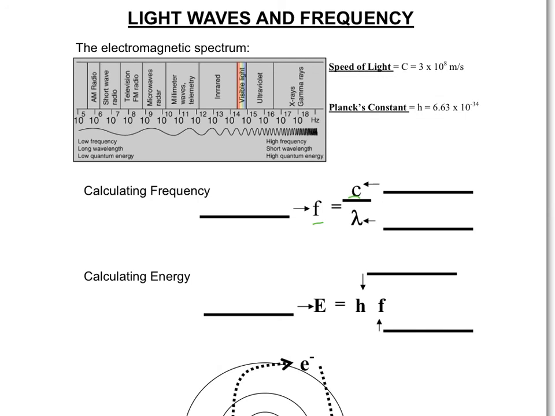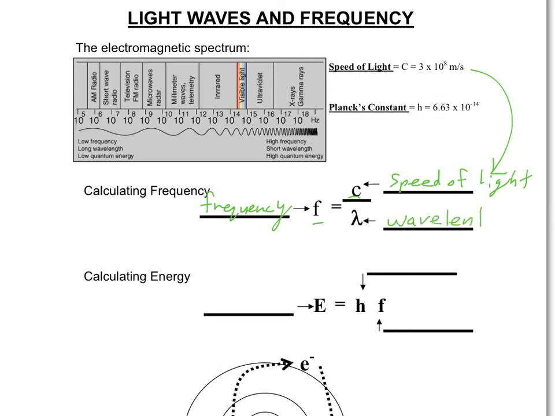So in order to calculate frequency, we have F, which equals frequency. C is a constant. It is the speed of light. So you just only plug in this number for C. That right there. And this little upside down Y, that's a lambda for wavelength.